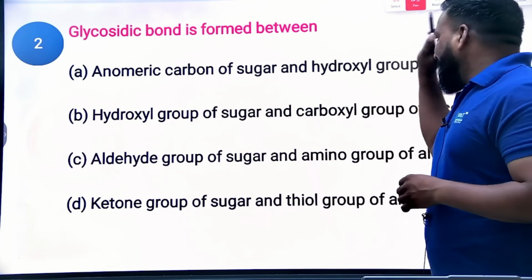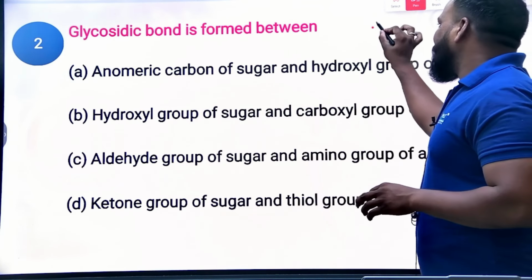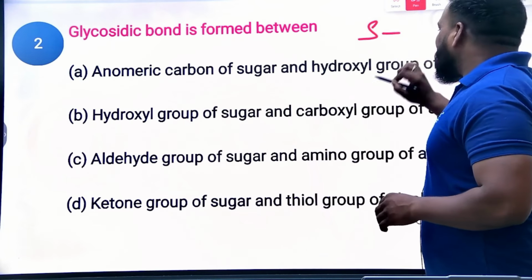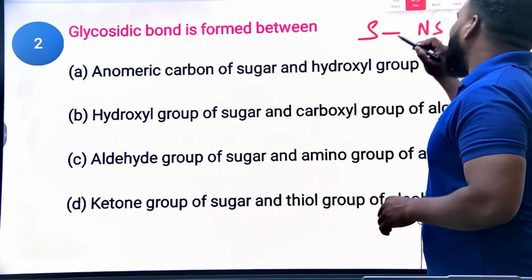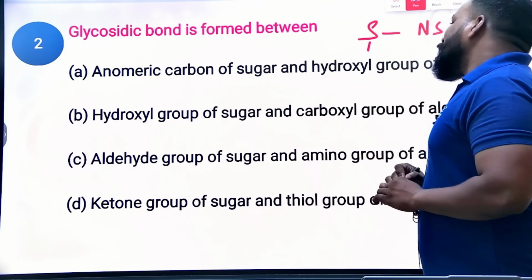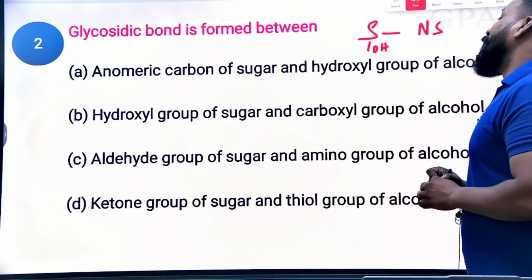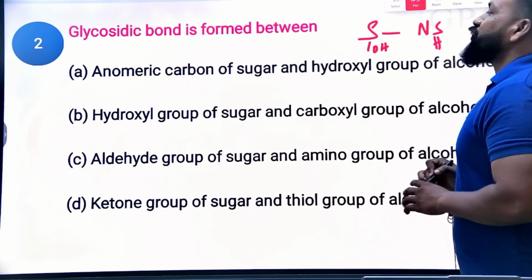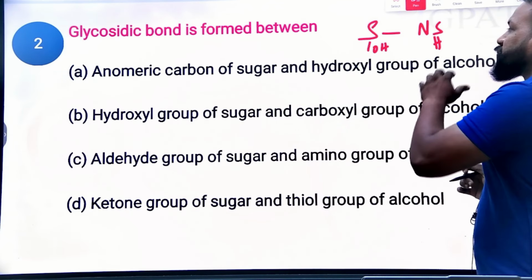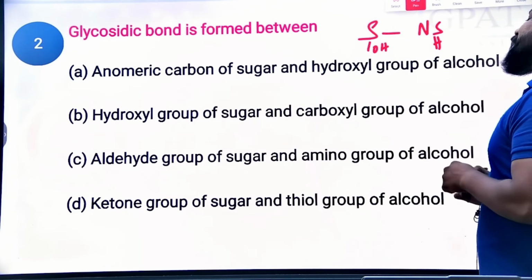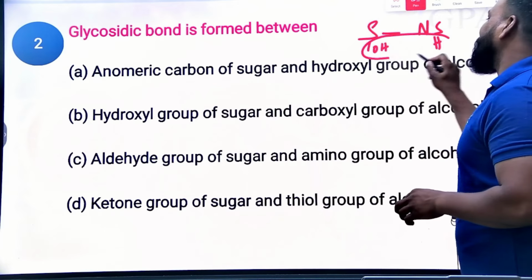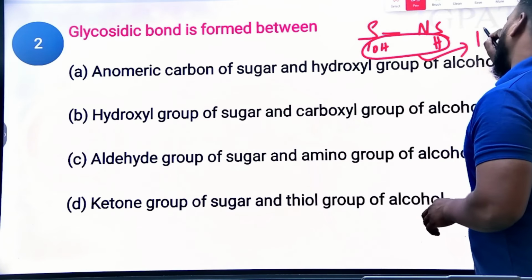Mostly, in the general statement, the hydroxyl group from the sugar moiety and the hydrogen from the non-sugar moiety together yield a water molecule.